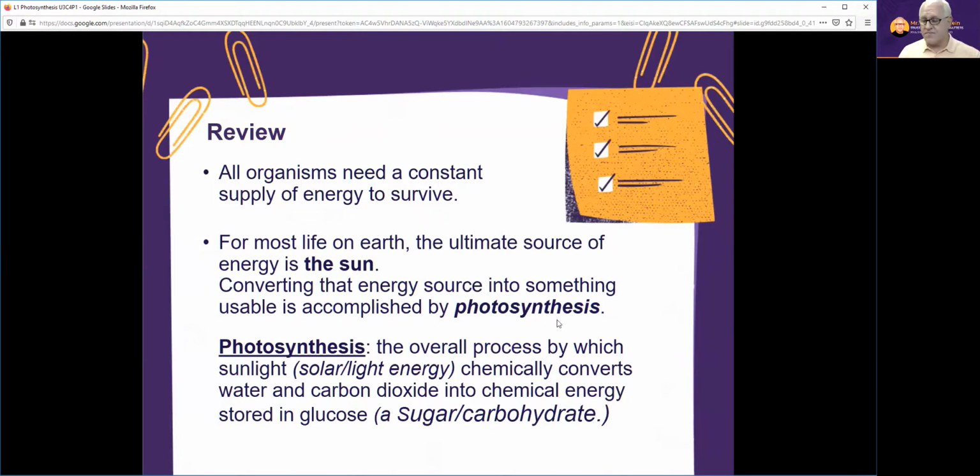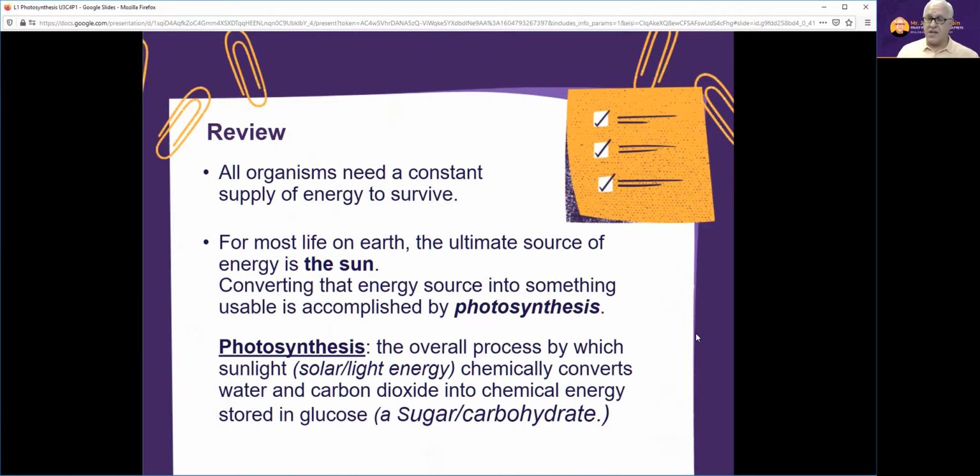So let's review on our part one of this. All organisms need a constant supply of energy to survive. And for most life on Earth, the ultimate source of energy is the sun. We convert that energy source into something that's usable, and that's accomplished by the process of photosynthesis.